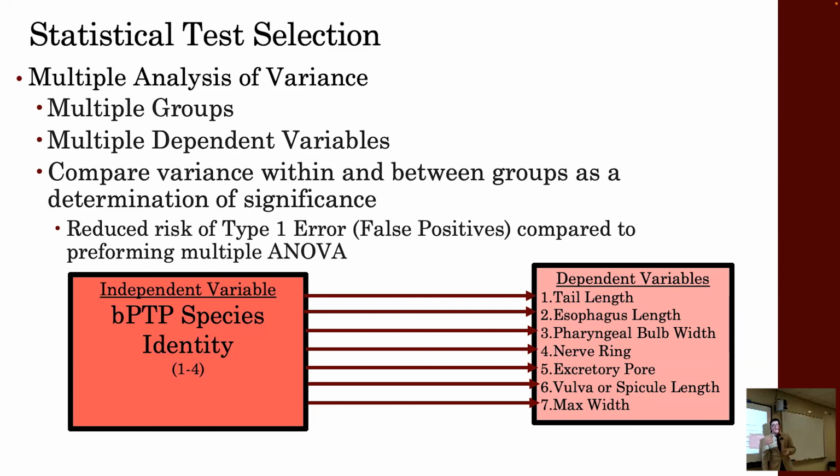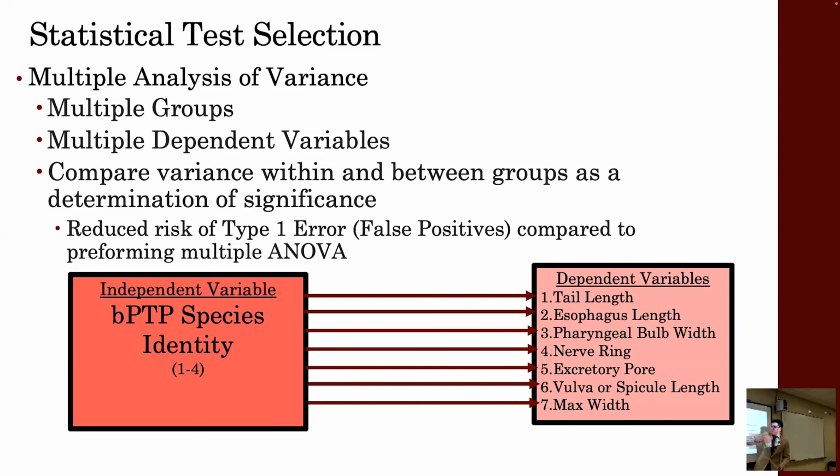I went with a MANOVA rather than doing multiple ANOVAs, because when you do ANOVA after ANOVA after ANOVA, you run a higher risk of getting one of these type 1 errors when you say, this is different, but it's really just different because you just kept picking away at it. This runs just like a single statistical test and tells you, is something different between what you're calling these groups.